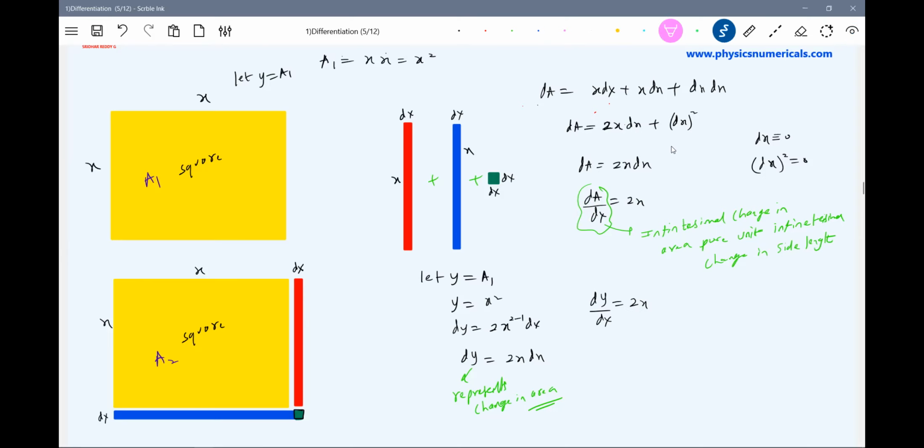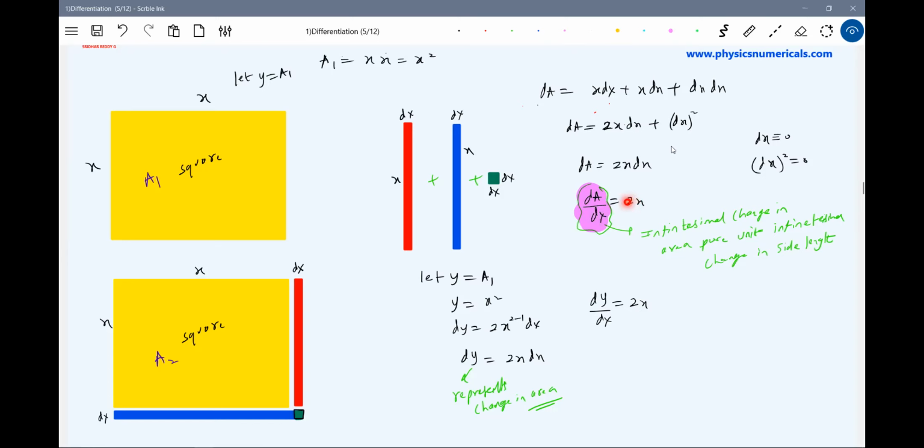Now, how to use it. Suppose you have a square plate. If the metal, made of iron or any metal, is heated, it will expand. If I want to calculate the change in area per unit rise in temperature, it depends upon this.